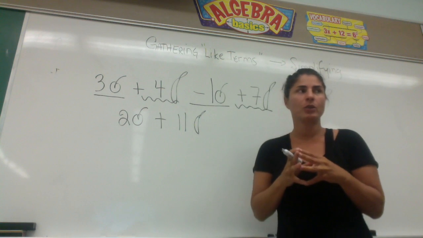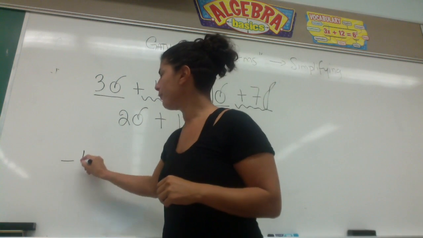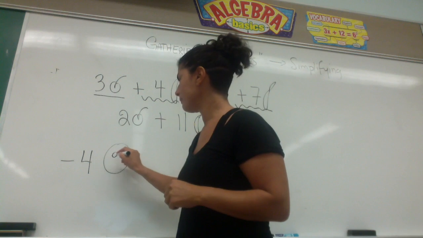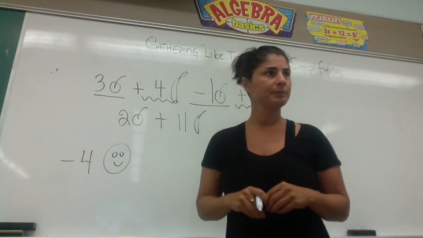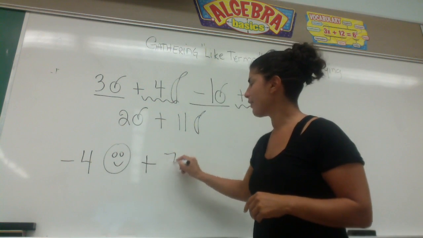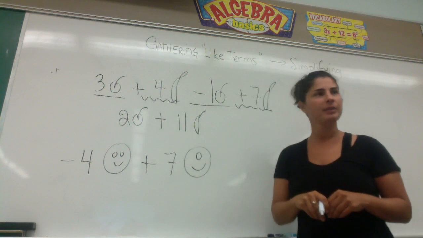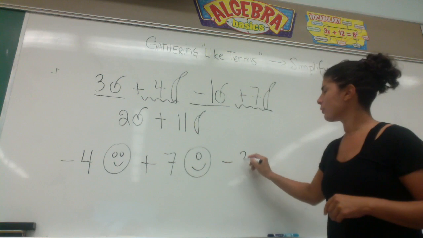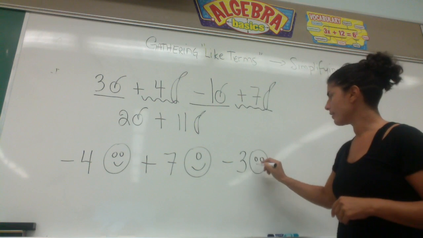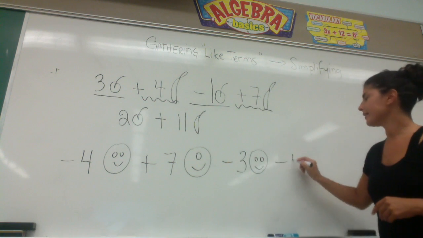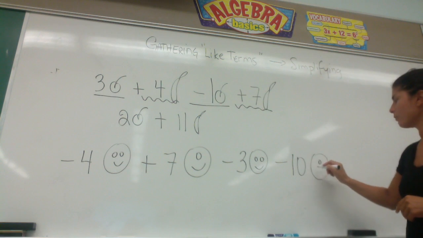So now I'm going to tell you, look at this. Negative 4 happy faces with 2 eyes, plus 7 happy faces with 1 eye, so it's like a minion, minus 3 happy faces with 2 eyes, and minus 10 one-eye minion.